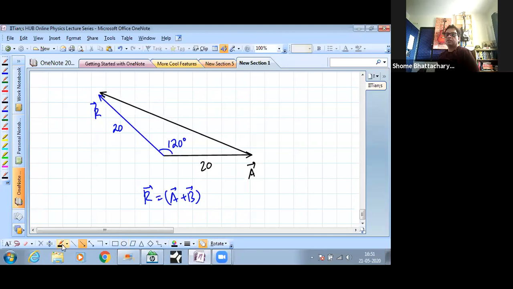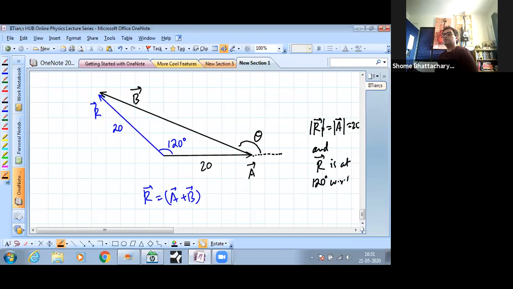This must be the angle theta between E and B. Given that magnitude of R is equal to magnitude of E is equal to 20, and the resultant is at 120 degrees with respect to E, you have to now find mod B. So this is what the question reduces to if you interpret it geometrically.